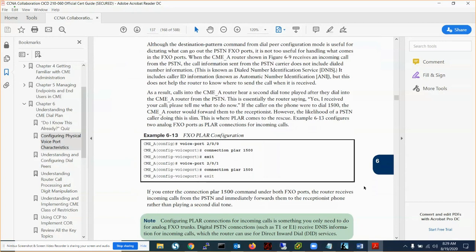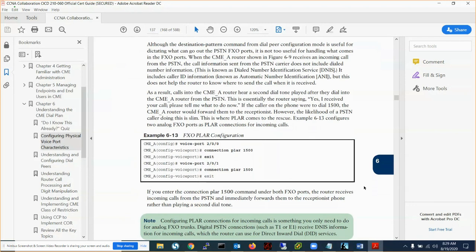So what will normally happen is the CME will play a second dial tone. You call the number, you get one ring and then a dial tone. If you hear that, you might get confused. What is this? Another dial tone. Now, if you know what to do, you will press 1500 for the operator.